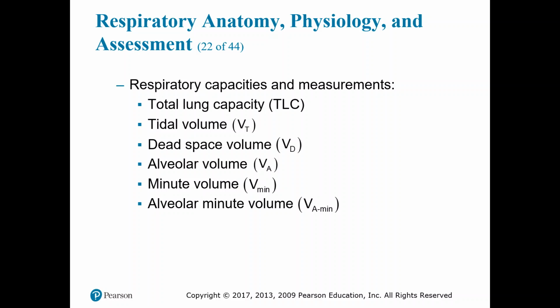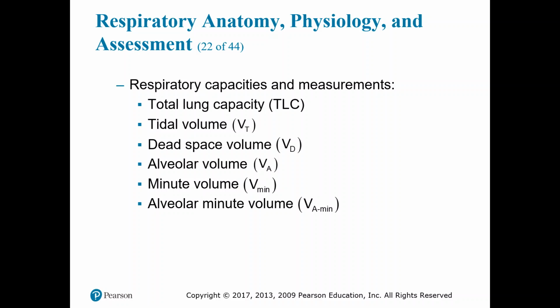Our alveolar volume is the amount of gas in the tidal volume that reaches the alveoli for gas exchange. It is the difference between tidal volume and dead space volume, generally about 350 milliliters in the adult male. The minute volume, just like the heart's stroke volume, is the amount of gas moved in and out of the respiratory tract in 1 minute.